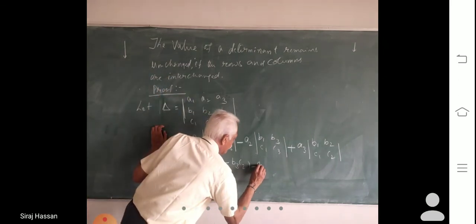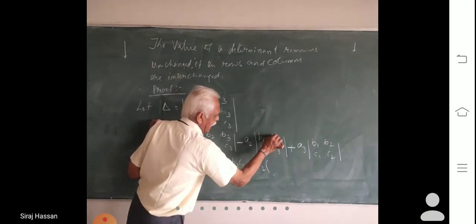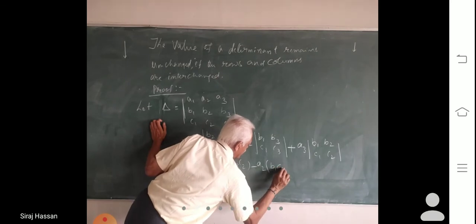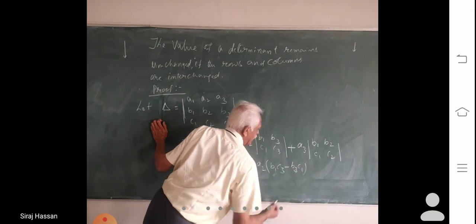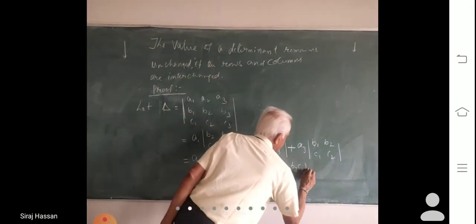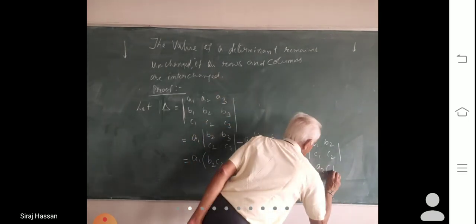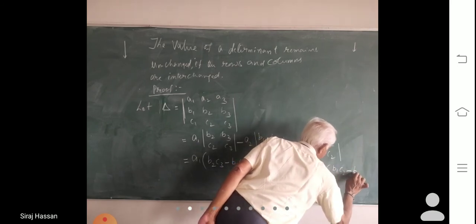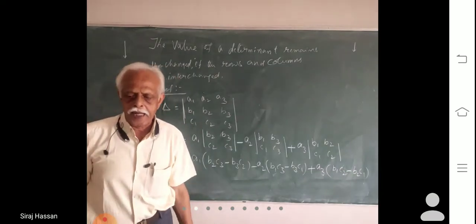Minus A2 into, again AD, B1 C3 minus B3 C1. Third term plus A3 into B1 C2 minus B2 C1. Copy down fast.